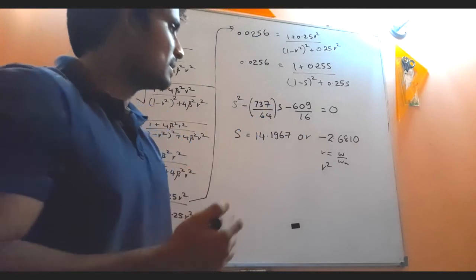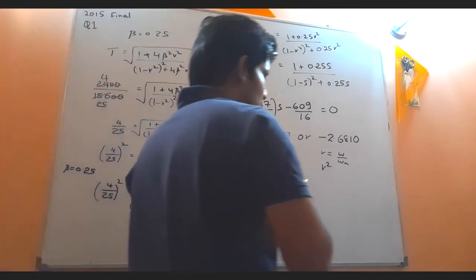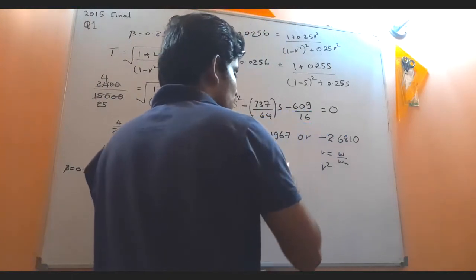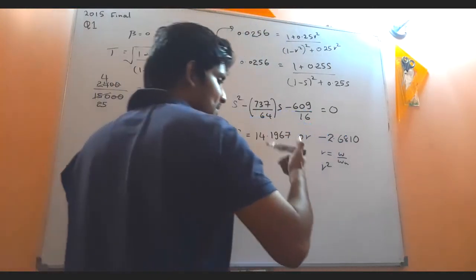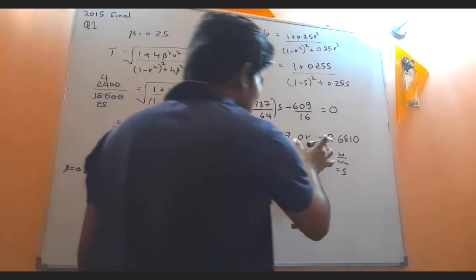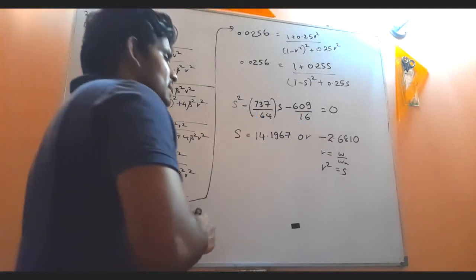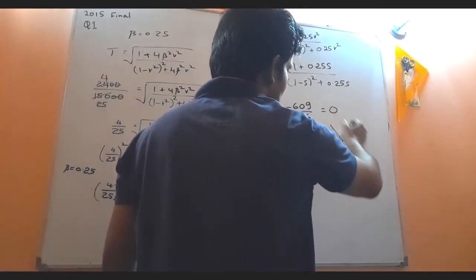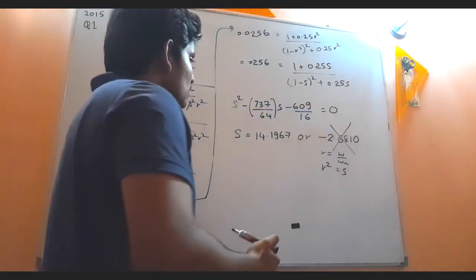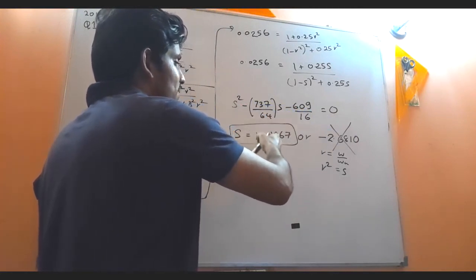It cannot be a negative one, the simple logic there. And also we have considered r squared as s. So from these two answers we can consider only one, because we have to neglect the negative one. So this is the only possible answer, s equals 14.1967.